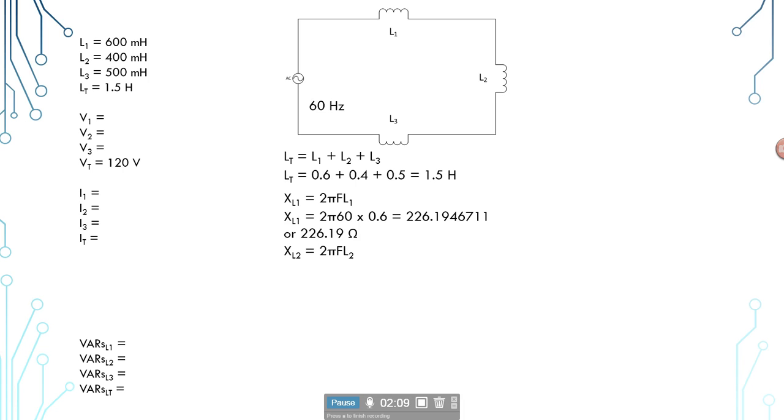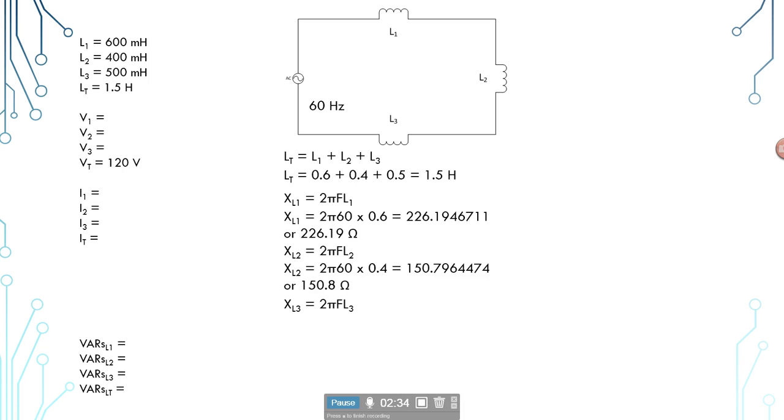X sub L2, we use the same process, just different inductance, so it'll be 2 times pi times the frequency times the inductance of the second inductor. So 2 times pi times 60 times 0.4 to give us, rounded off, 150.8 ohms.